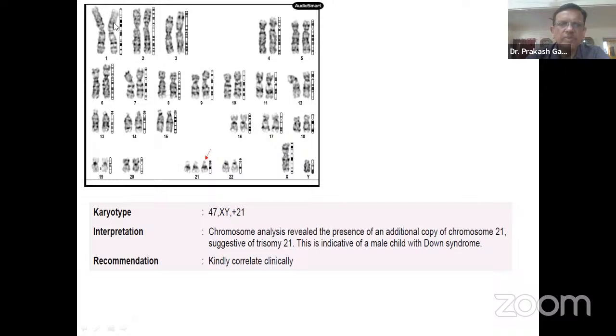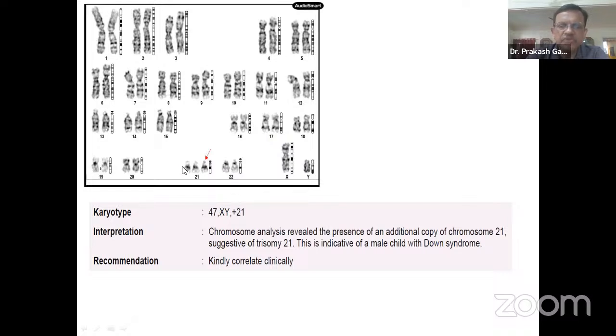Here the total number of chromosomes is 47, and the karyotype is XY, so this is a boy. You can see the extra chromosome, that is plus 21, belongs to the 21st chromosome, and they are all separate from each other. So this is Down syndrome, the famous condition.